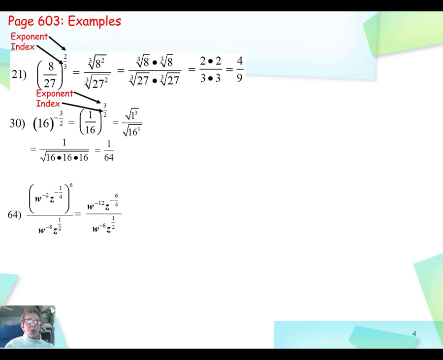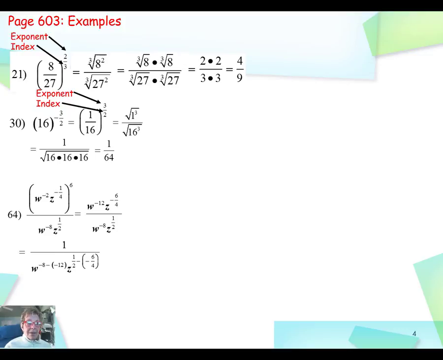Now I'm going to use the rule of exponents that says if you have like bases, you can subtract those exponents. But you must remember to subtract the exponents where the larger exponent is. So if I look at the w's, my w to the negative 8 is larger than w to the negative 12, so I want to subtract in the denominator position.